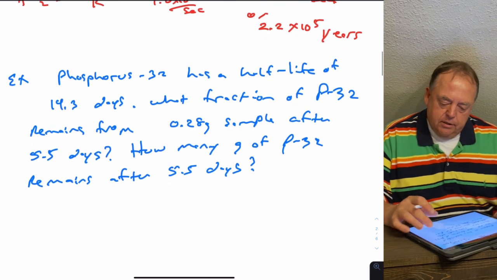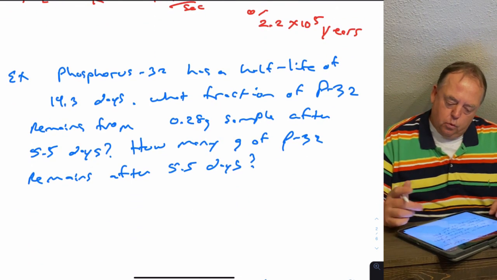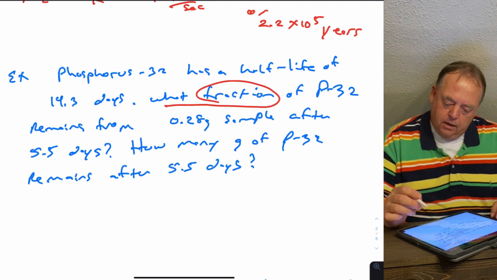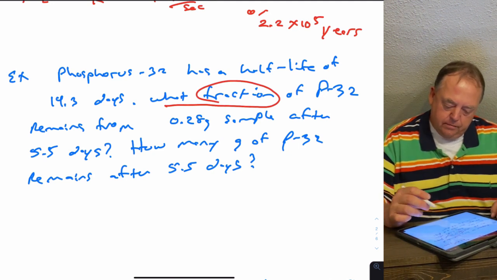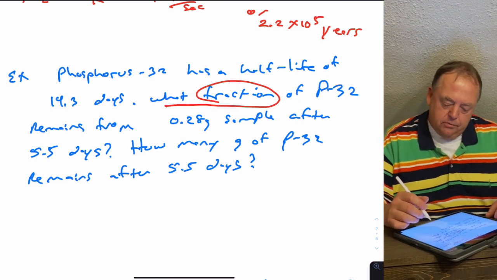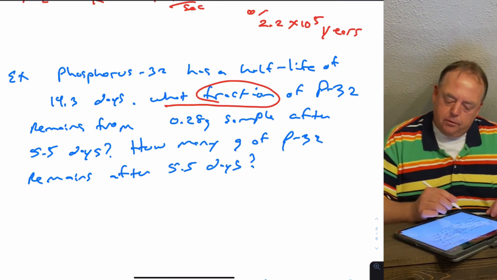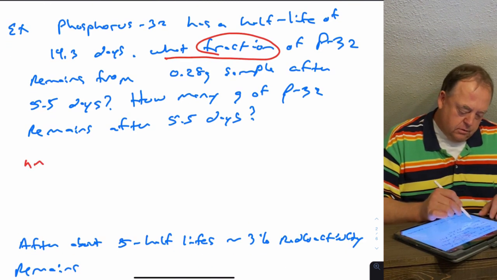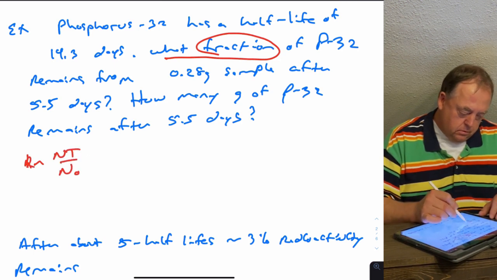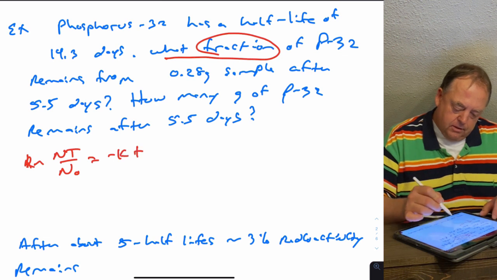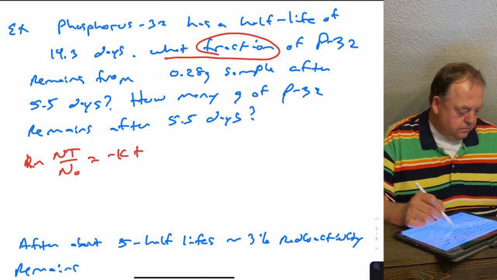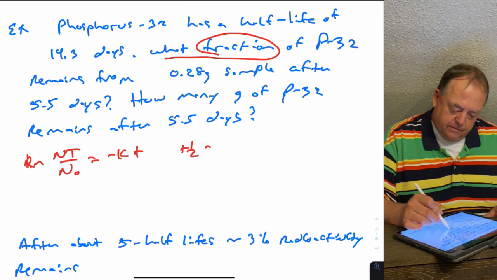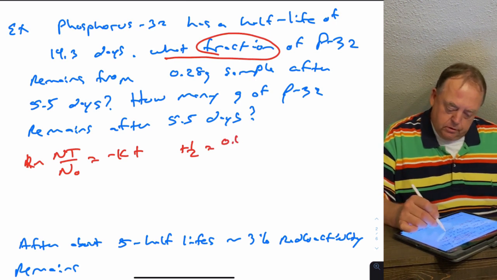Okay, so phosphorus 32 has a half-life of 14.3 days, so what fraction remains of phosphorus 32 from a 0.28 gram sample after 5.5 days? And so how many grams would actually then still be present after 5.5 days? So to solve this, we need a couple of equations. So we need that equation, and T1/2 equals 0.693 over k.